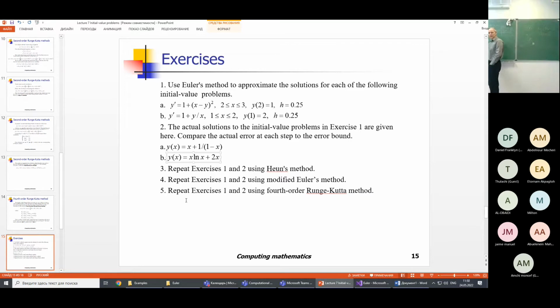Logarithm 1. What is the value of logarithm 1? It's 0. Right. Logarithm 1 is 0.